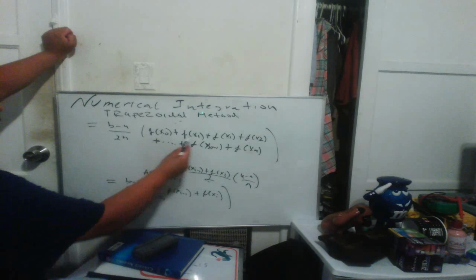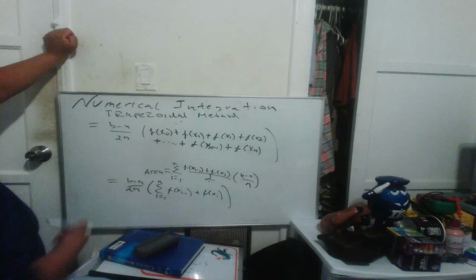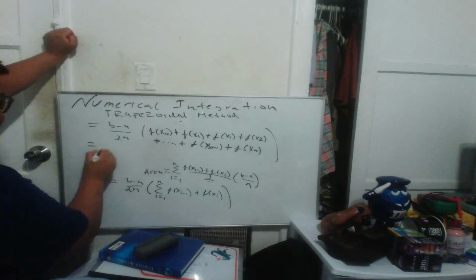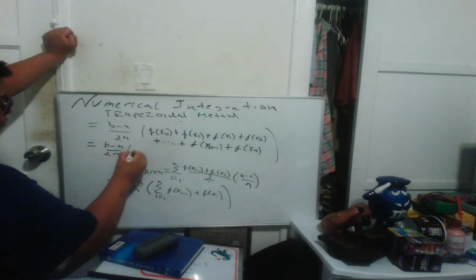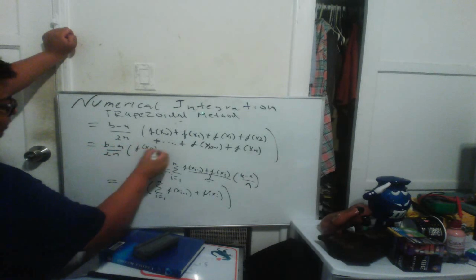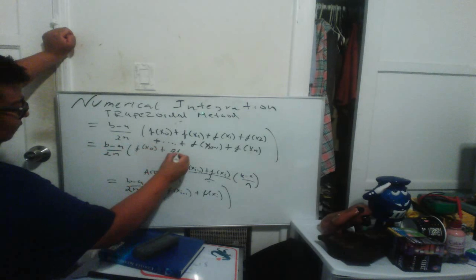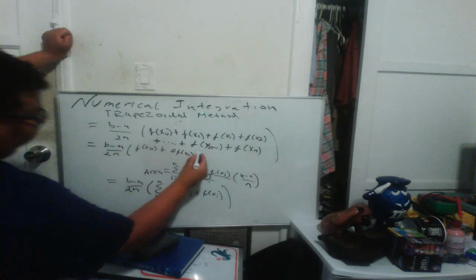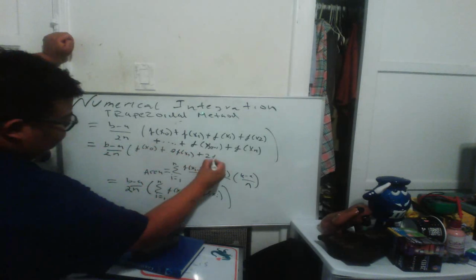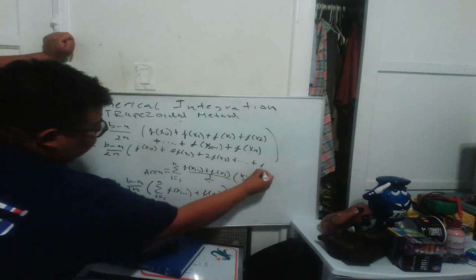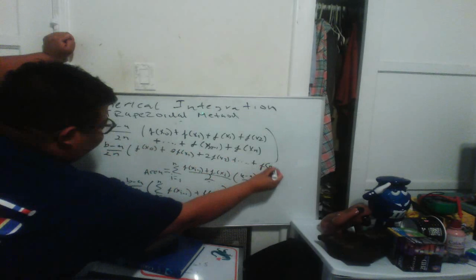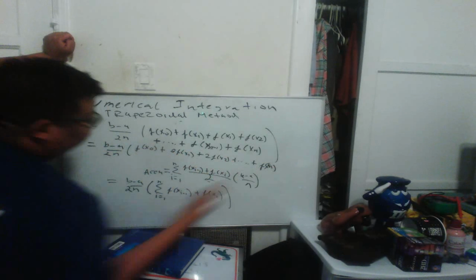Notice that f of x1 gets repeated. That means that this here becomes f of x0 plus 2f of x1 plus 2f of x2 plus f of xn.